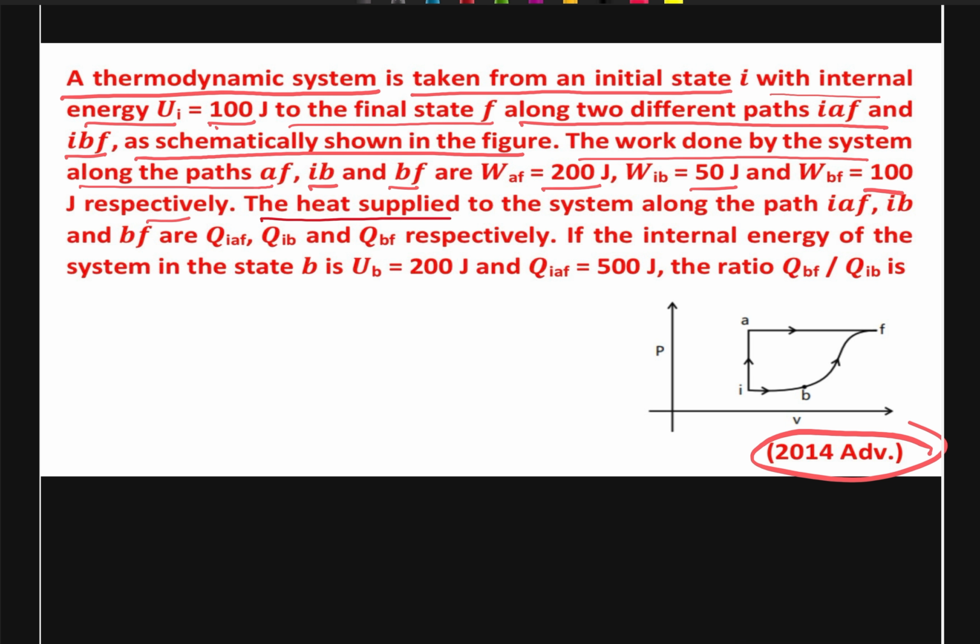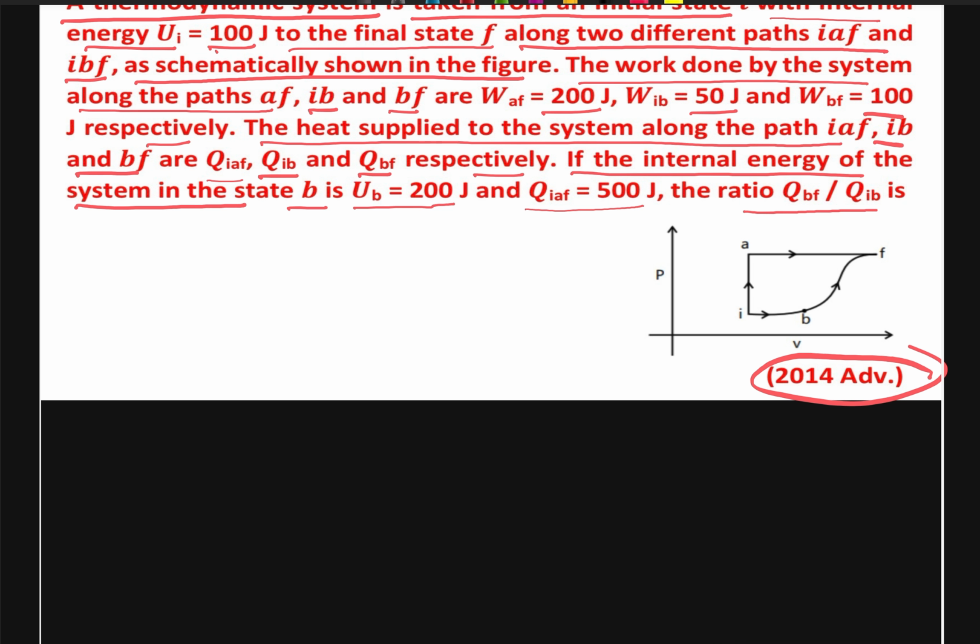The heat supplied to the system along the paths IAF, IB and BF are QIAF, QIB and QBF respectively. If the internal energy of the system in the state B is 200 joules and QIAF is 500 joules, find the ratio of QBF and QIB.